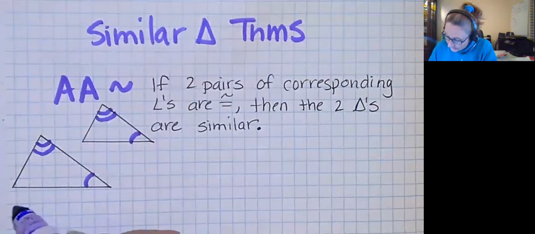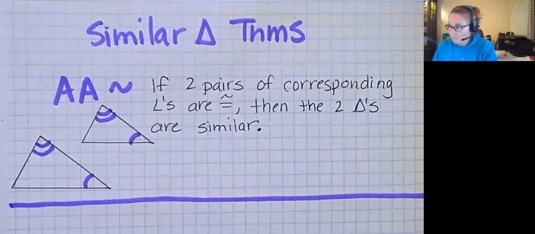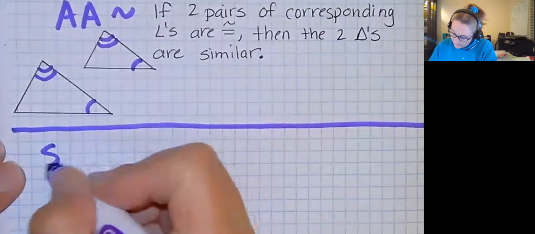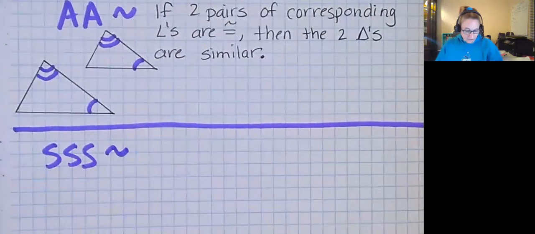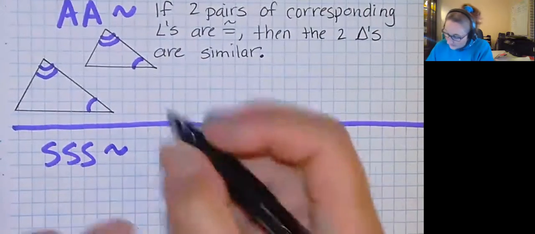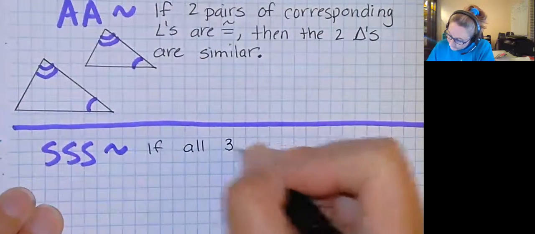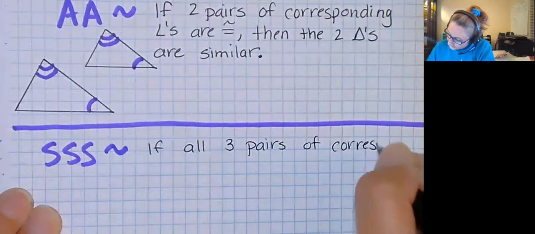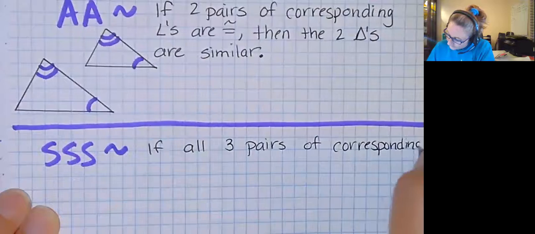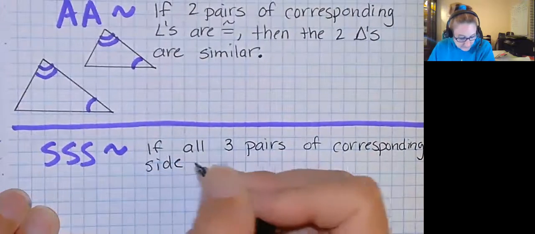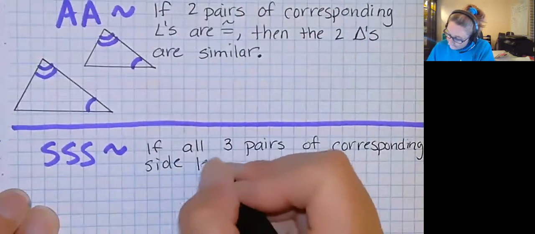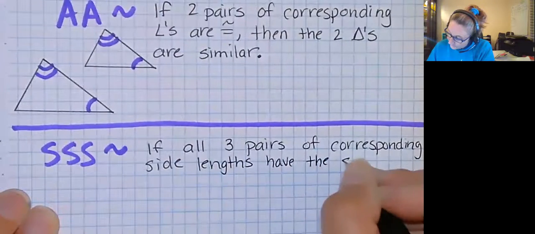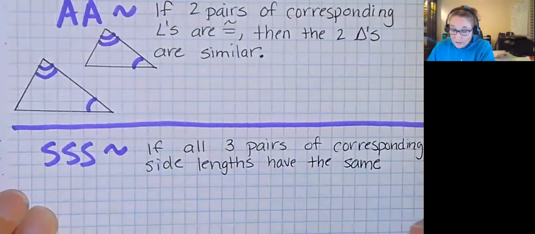The next one is SSS, side, side, side. So if all three pairs of corresponding side lengths have the same ratio, so remember, we're not talking about them being congruent.